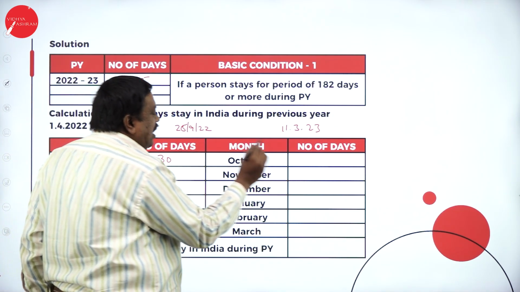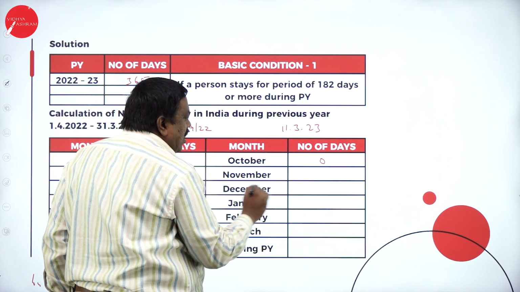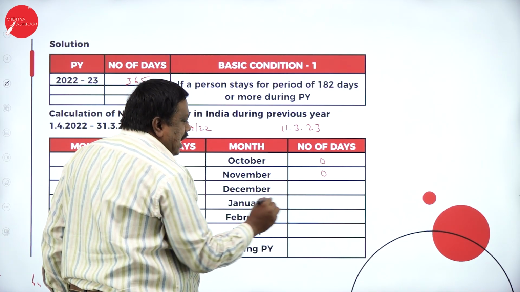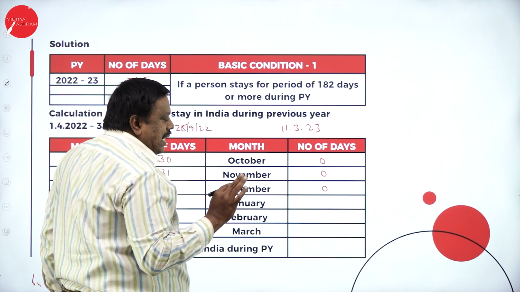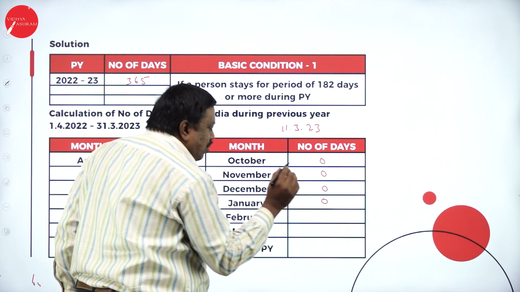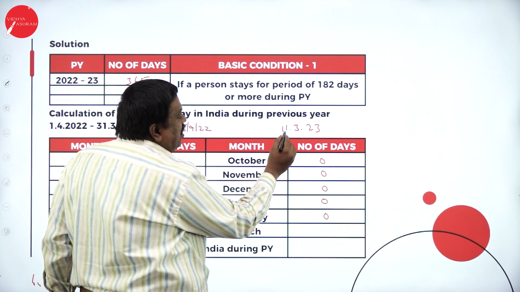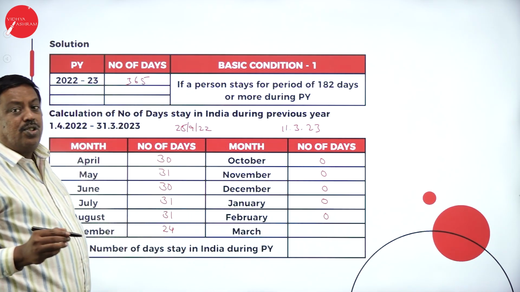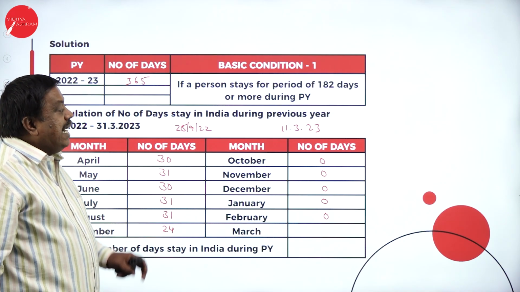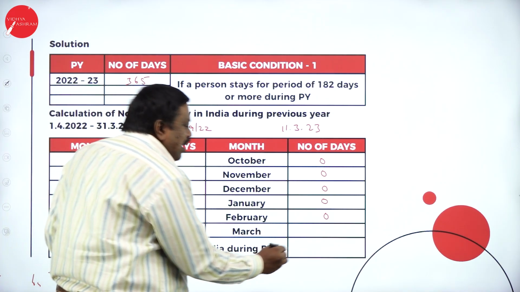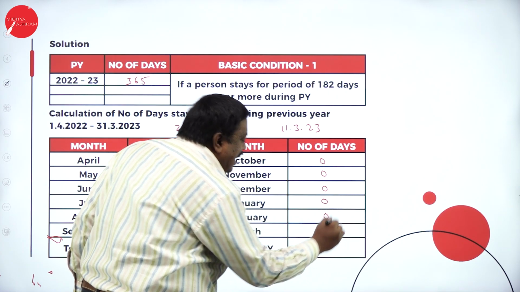In October, I was not in India. November, December, January, February, I was not in India. I returned back on 11th March 2023, which means 10 days I was not in India, so 21 days I was in India.